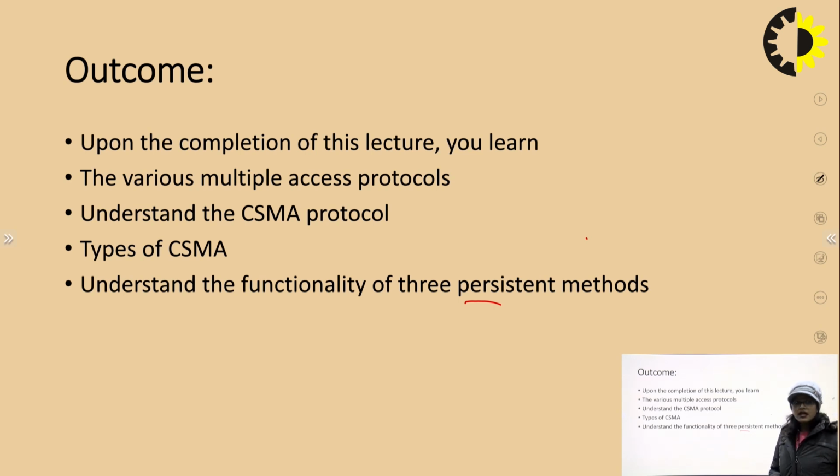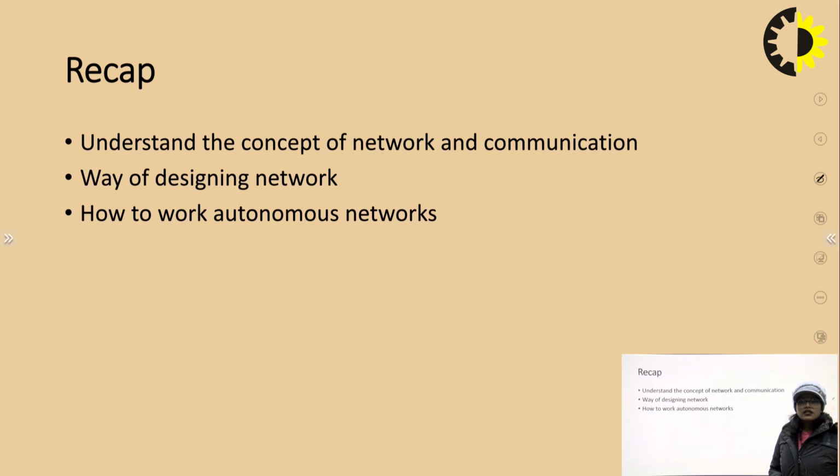Let's get started, but before discussing this particular topic, we take a recap of the previous lecture. In the last lecture, we discussed the network and communication. A network is a combination of autonomous devices.